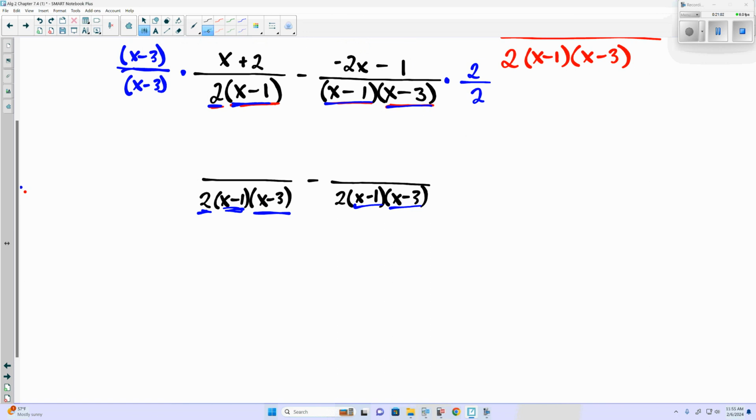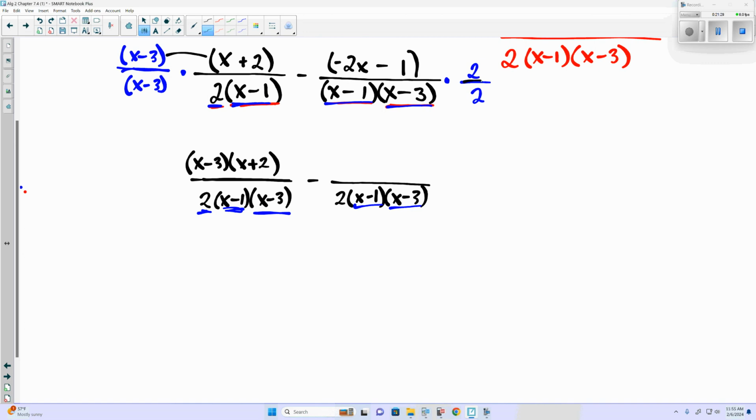Now out of these two, trying to do this multiplication in one step is a little bit much at times. Because we're going to multiply these two here, because we're going to have our x minus 3 times our x plus 2. So we're going to write this down and then multiply. Here, we're multiplying our 2x minus 1 by 2.